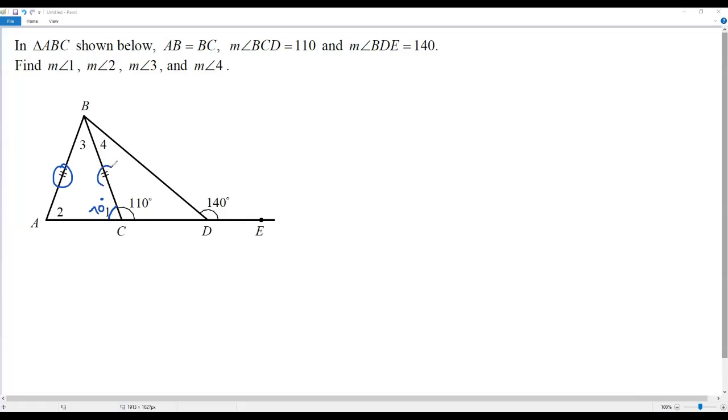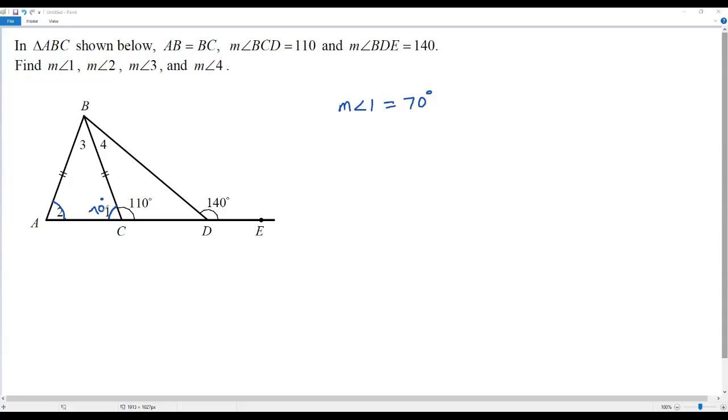Since these two sides are equal in length, angle 1 and angle 2 must be equal. Already we got the measure of angle 1, that is 70 degrees.